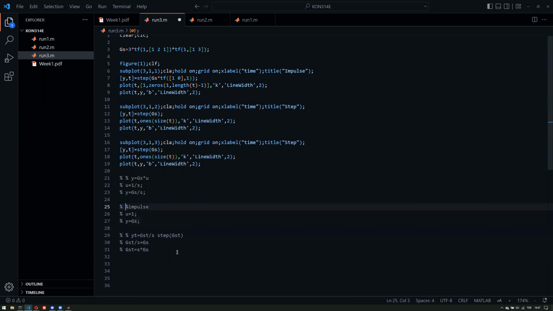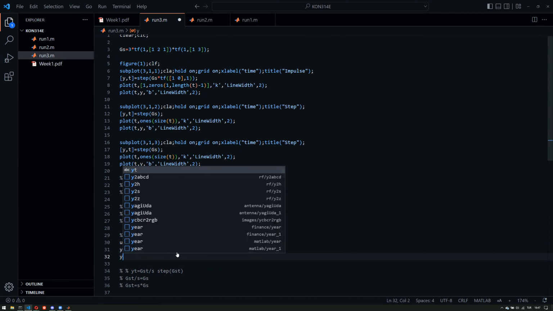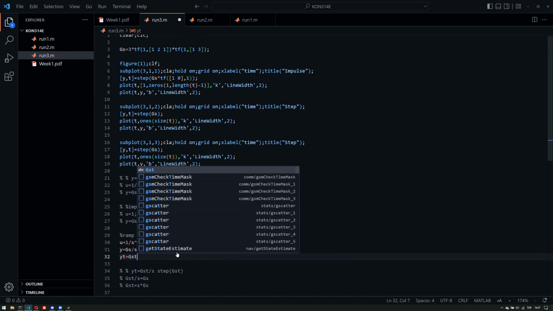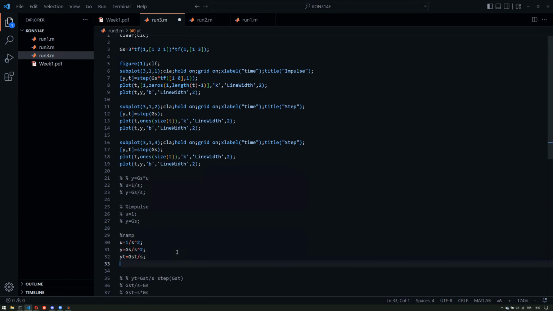If I'm looking at the ramp response, I want to have 1 divided by s squared as an input, and my output should be G(s) divided by s squared. Now, how can I emulate this with y tilde equals G(s) tilde divided by s? This is the question here.